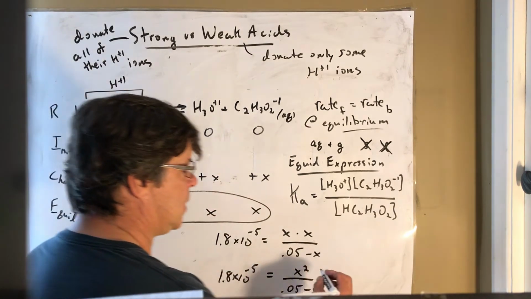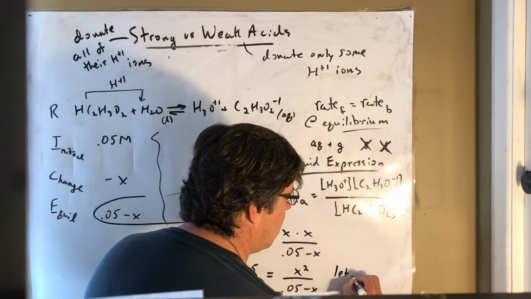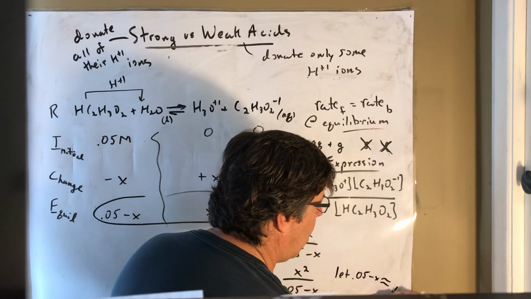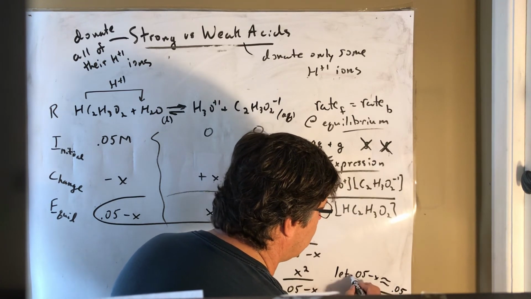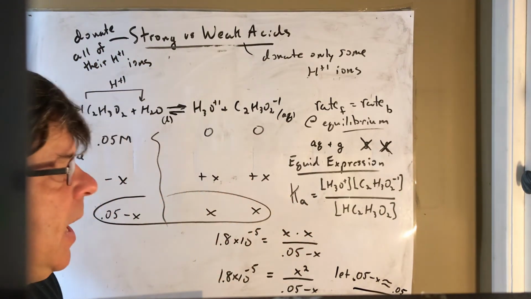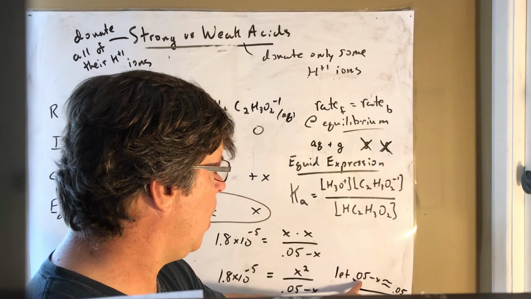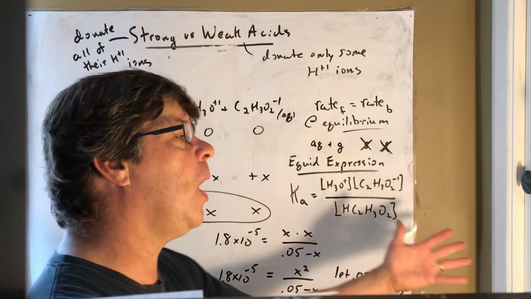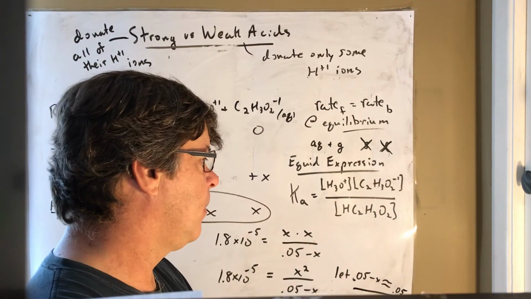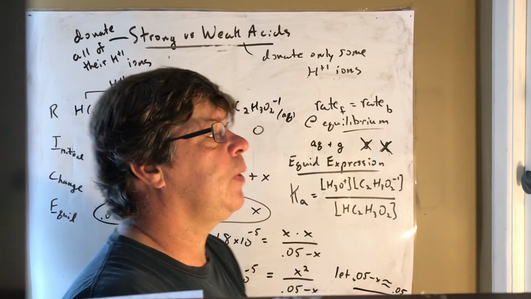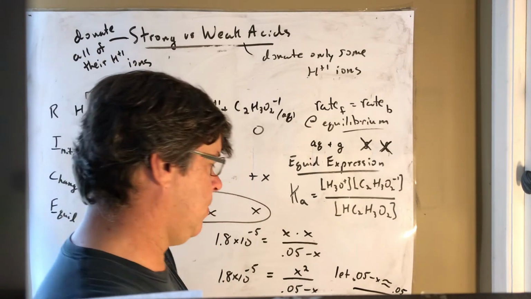So what we do is we let 0.05 minus X equal 0.05. Look, X is going to be really tiny. Could be 0.00001. So if you subtract 0.05 minus 0.00001, it's basically 0.05. So this is referred to as a little x problem.